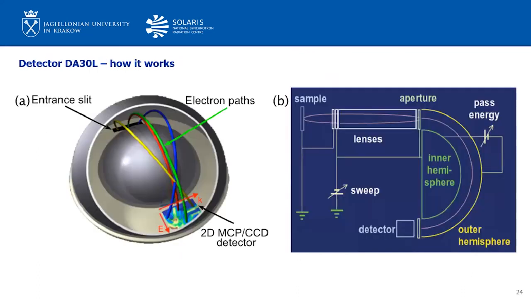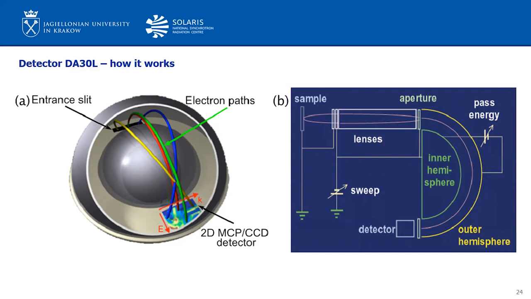And next, the hemisphere selects the energy resolution of our photoelectrons, because there is an applied potential on the hemisphere. These pictures present what happens in the hemisphere.